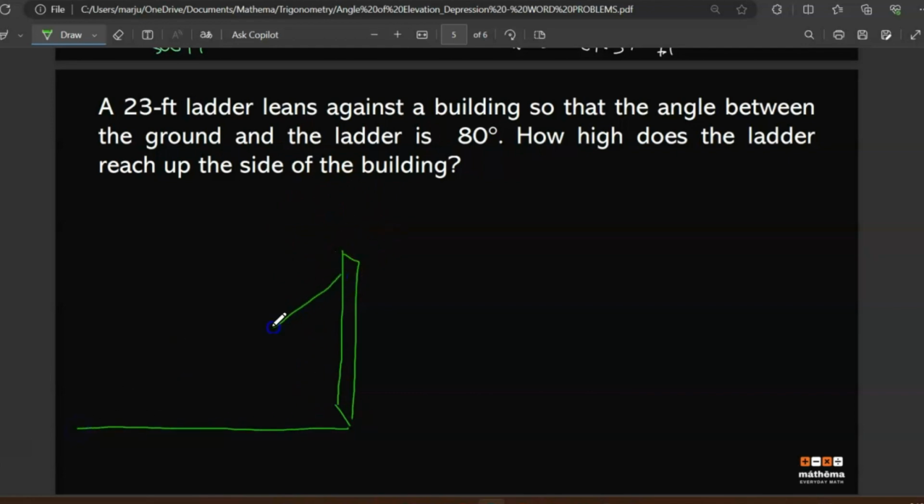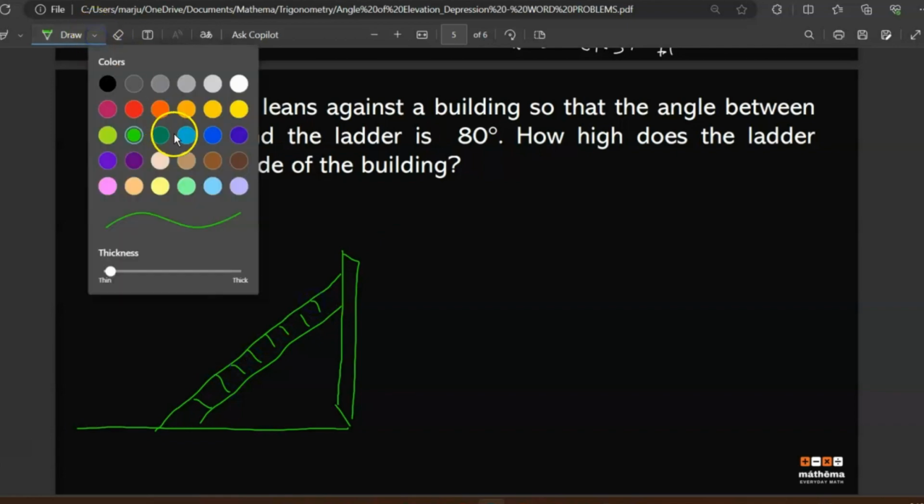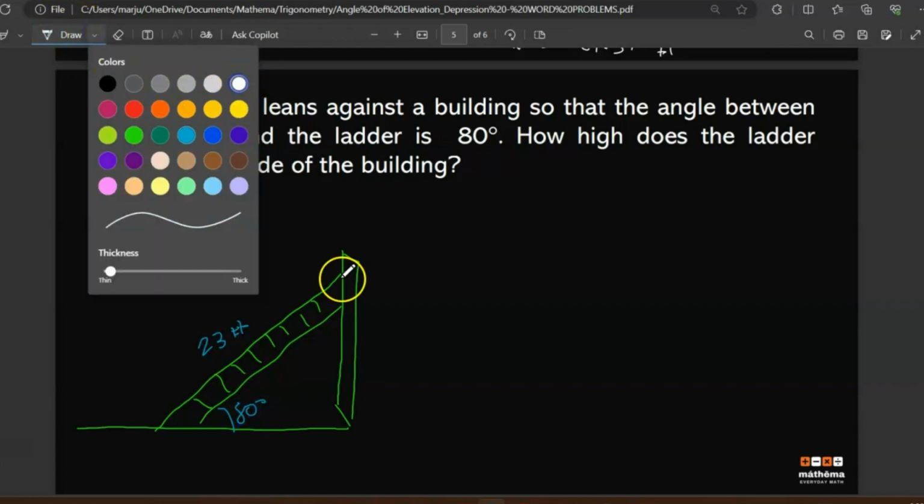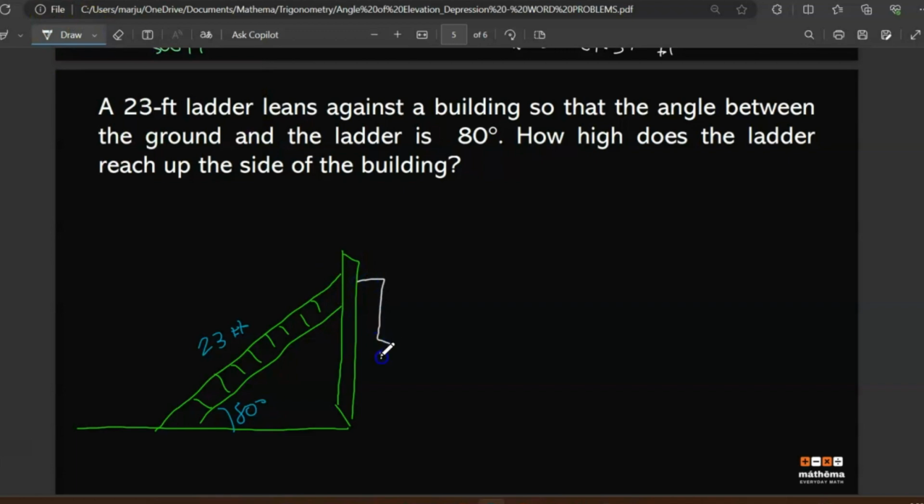If this is our ladder, and based on the problem, this ladder measures 23 feet and it is forming an angle of 80 degrees, and then we are asked to find how high this ladder reaches up the building. We will call that our x.